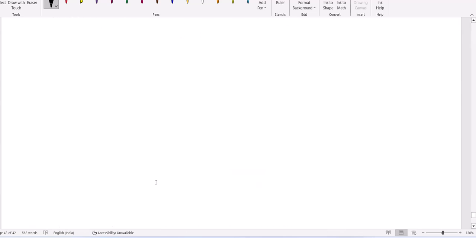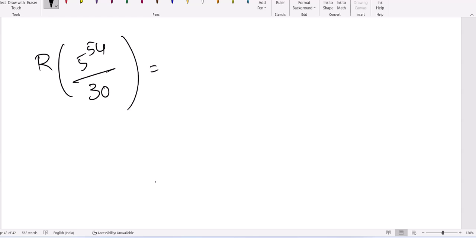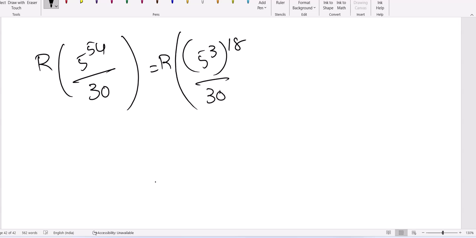So the normal procedure is, as you mentioned, 5 power 54 divided by 30. 5 cannot be divided by 30, 5 square cannot be divided by 30. I can write 5 cube, 125, power 18. So 5 cube means 125. Divide by 30, 34 times 125 is the remainder. I got 5 power 18.